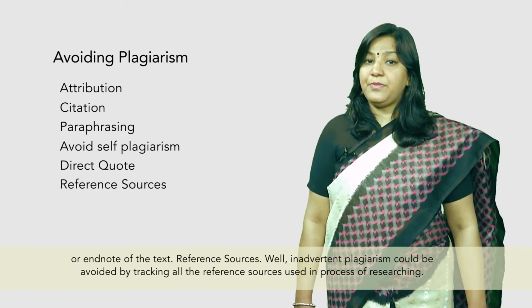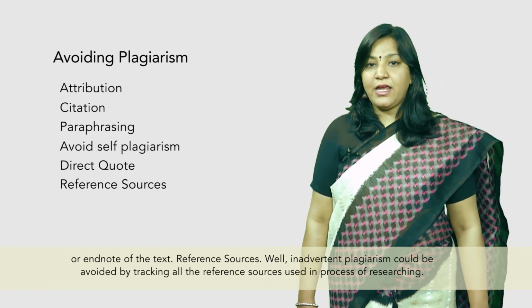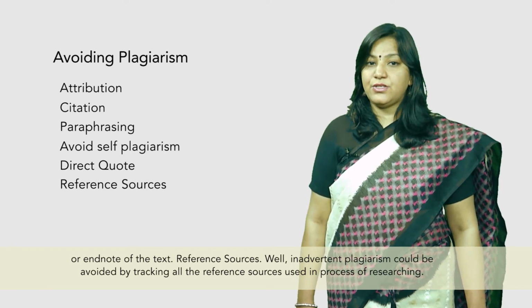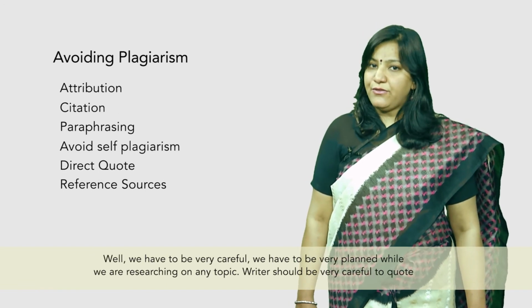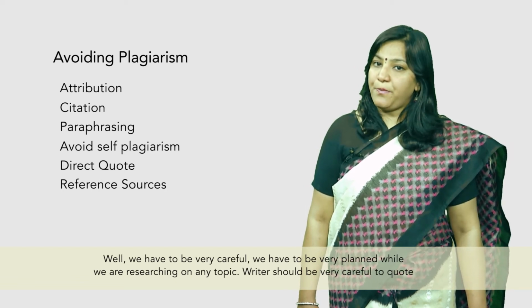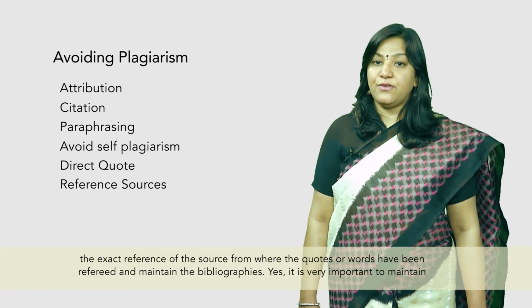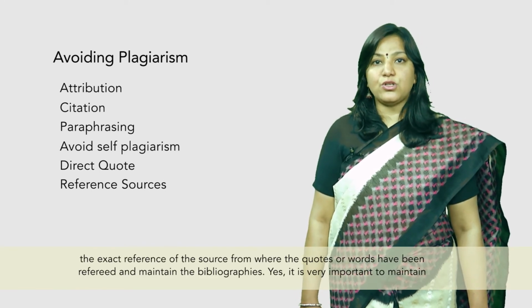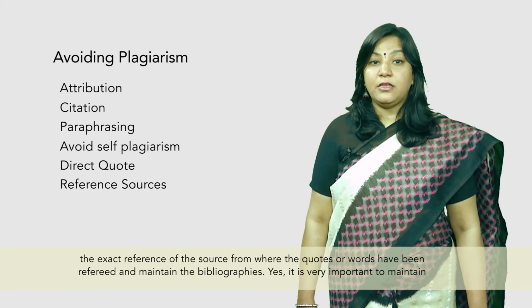Well, inadvertent plagiarism could be avoided by tracking all the reference sources used in the process of researching. We have to be very careful and well planned while researching any topic. Writers should be careful to quote the exact references of the source from where the quotes or words have been taken, and maintain the bibliographies.